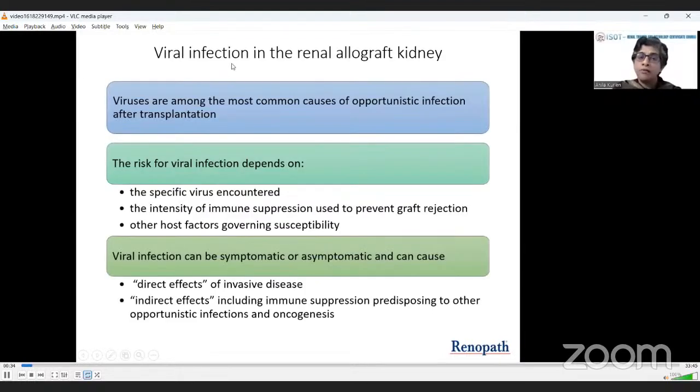So why are viral infections really important to the kidney? Because among the most common opportunistic infections after a transplant, it is likely to be a viral infection.